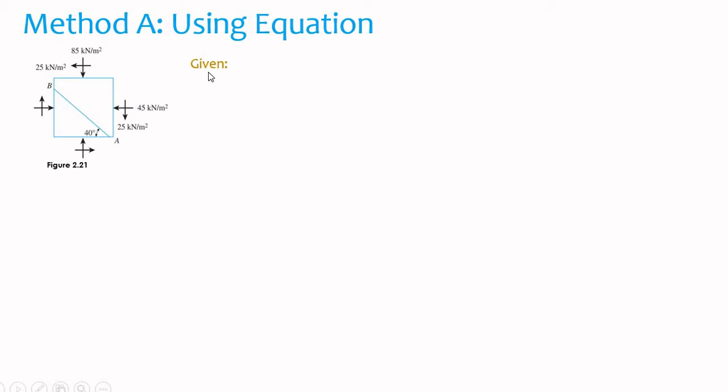First is we have to identify the given. So first given is the normal stress acting along the x direction, which is positive 45. It is positive because it is compression. And then the normal stress acting on the y direction is also positive since it is compression, that is positive 85.